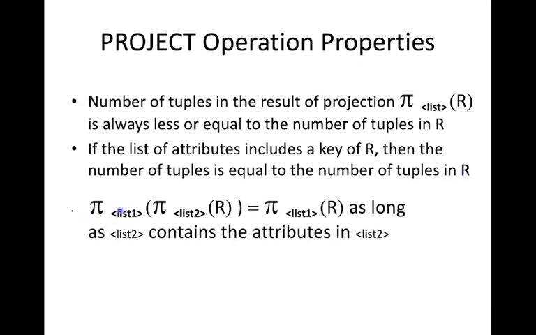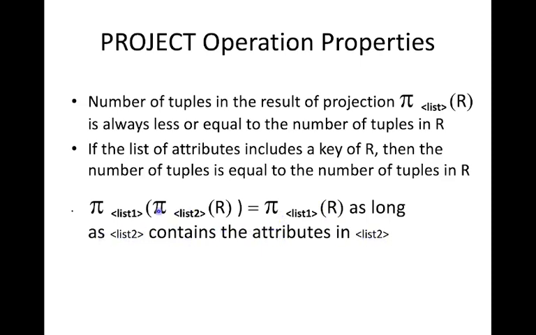Now if we want to project list 1 and project list 2 of R, so we have two lists here. It is equal to pi of projection of list 1 of R, as long as... there is a mistake in this sentence. I have mentioned here list 2 and list 1, so you just ignore this thing.